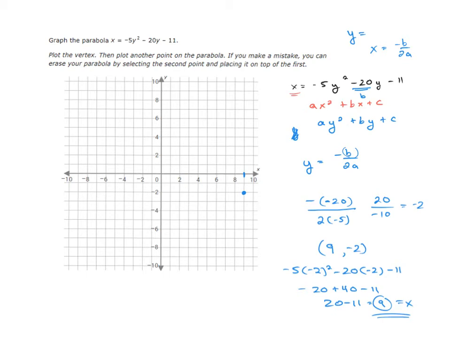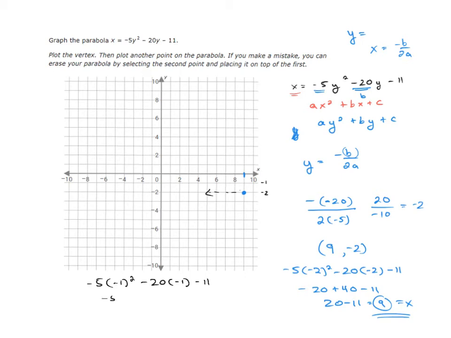And I know that because this is a negative number, my a is negative, this graph is potentially going to be facing this direction. And if the y in my vertex was negative 2, I'm going to use a negative 1 here. I'm going to go 1 off to get my additional point. And all I'll do is I'm plugging in negative 5 times a negative 1 squared minus 20 times a negative 1 minus 11.